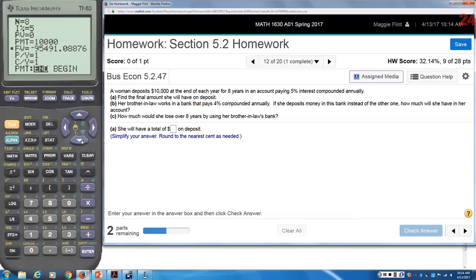Hold on, I think I got it. Well, at this point, the first year, she makes payments 1 and 2. The second year, she makes payments 2 and 3. Third year, she makes payments 3 and 4. That's actually the way they ask the question, though.